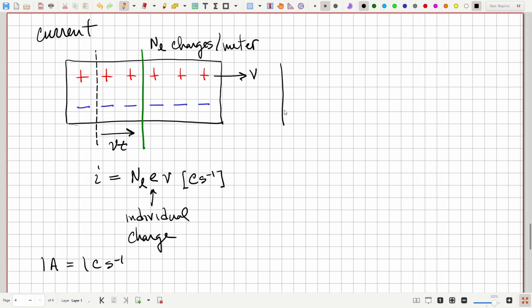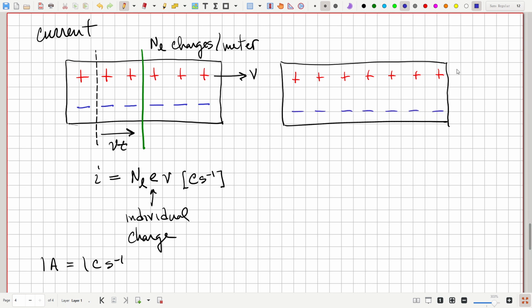Now, what if instead, in the same wire, we had these positive charges and these negative charges? And instead, the negative charges were moving, and they moved to the left with a velocity v.